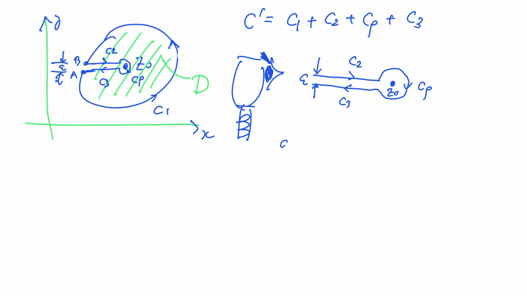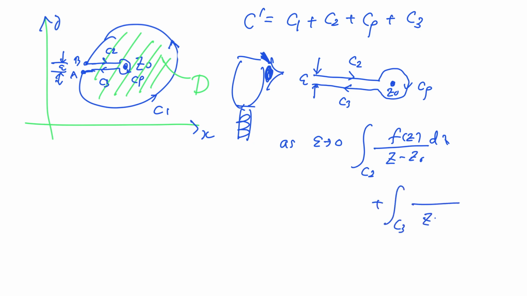So as epsilon goes to 0, what happens? The integrals over C2 and C3 of f(z) over (z minus z naught) dz. C3 is going this way, right?